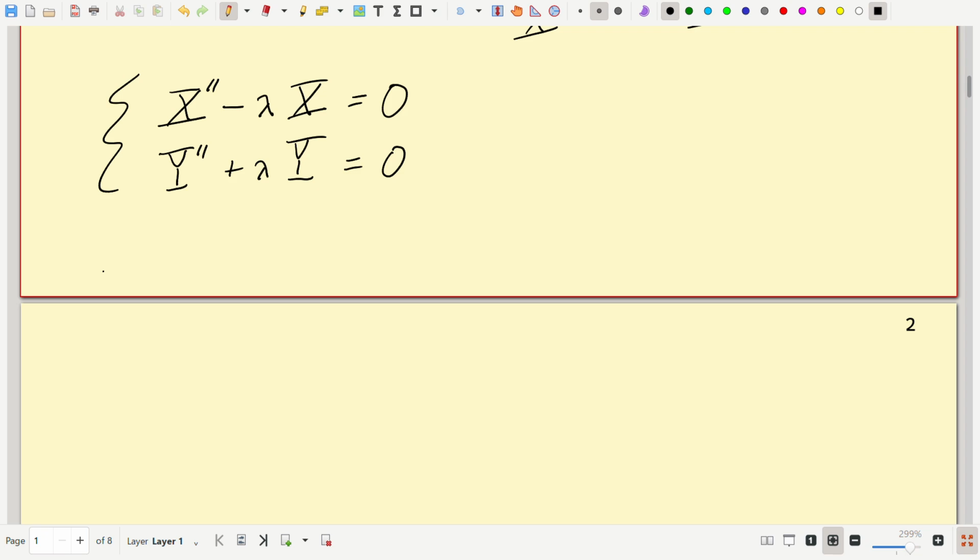So let's do the case, how about lambda positive? Then I'll write lambda equals k squared, where k is going to be positive. So I'm taking k here to be a positive constant.